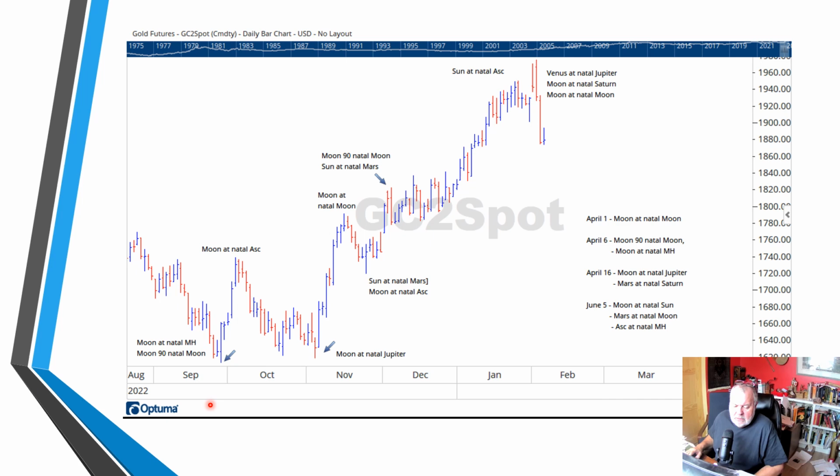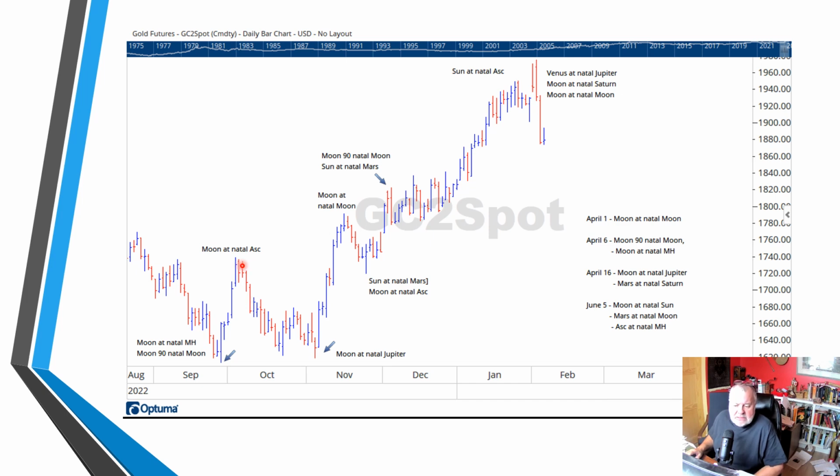So carrying on in our study, end of September 2022, we've got Moon at natal midheaven. We've got Moon 90 degrees square to the natal Moon, and that gives us an inflection swing low point. Price rises over the ensuing 6 days, but it could not push any higher.